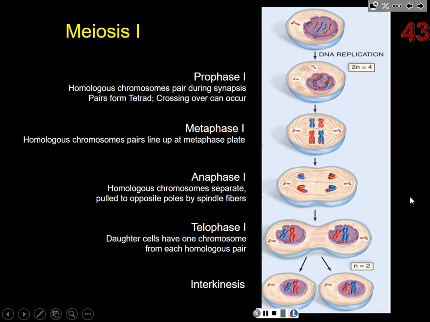You can't ever take into consideration that the crossing over occurred because it doesn't have to, and it might not. Okay, you don't know when it's going to happen, so you can't say, well, there's some red right there, so that's not haploid. That's haploid because that's the long chromosome, and there's the other long chromosome, and they separated from each other. Crossing over doesn't have to take place.